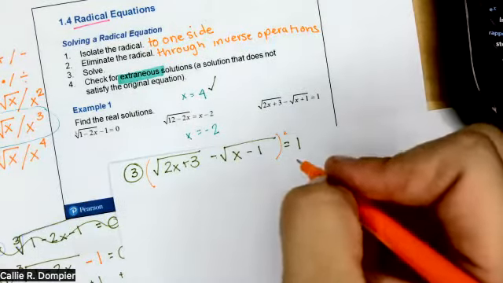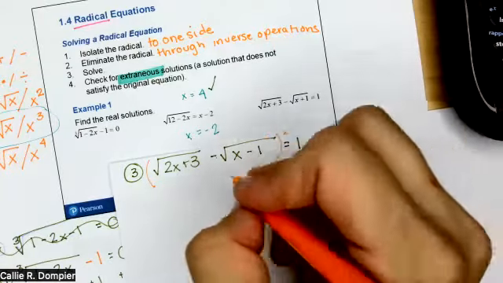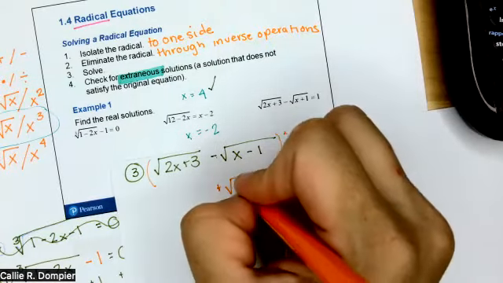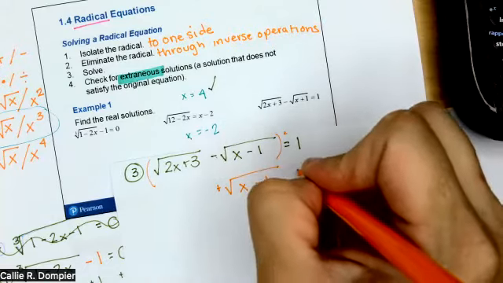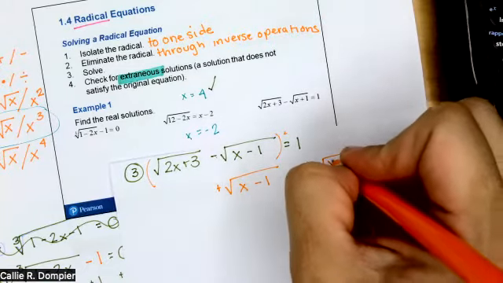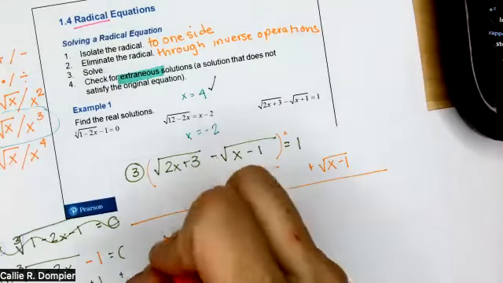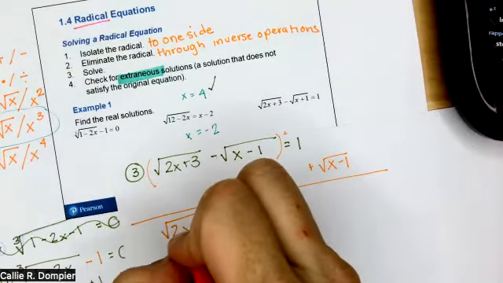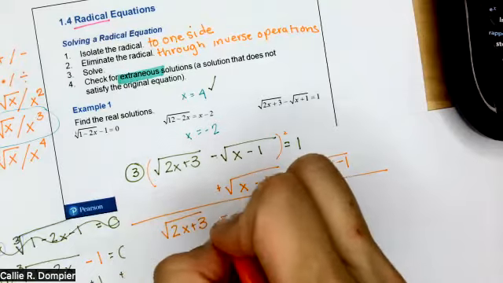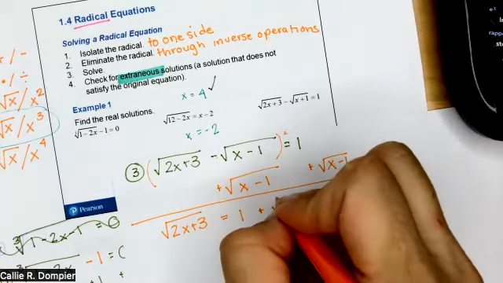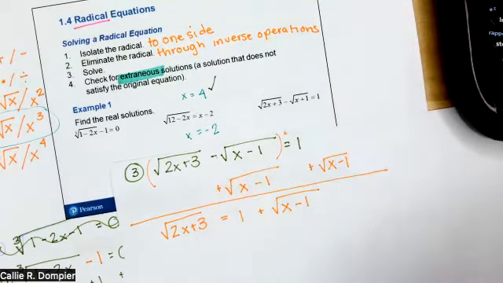Okay, that's too much. So we're going to move one, and then we can square it all. The square root of 2x plus 3 is equal to 1 plus the square root of x minus 1.